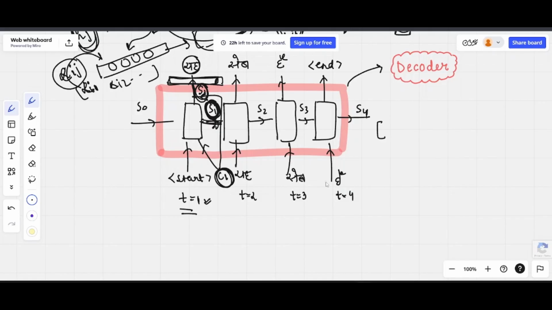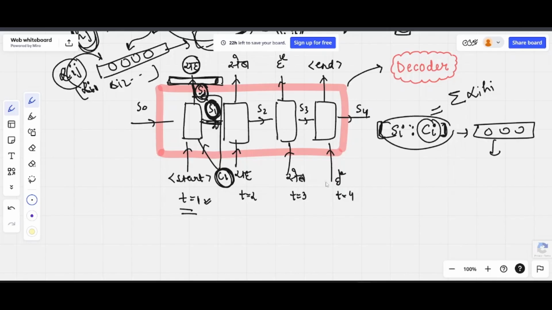So this s i, the output, and the attention input that we have got, which is nothing but the sum of our weights and hidden states, this concatenated value will be passed through our softmax layer in order to find the final word. This will again be a vector of probabilities, and we will pick the highest probability, and the corresponding word will be the final output.